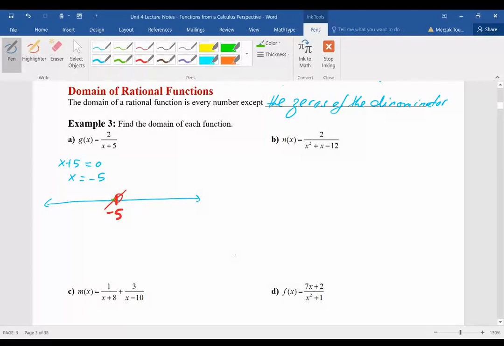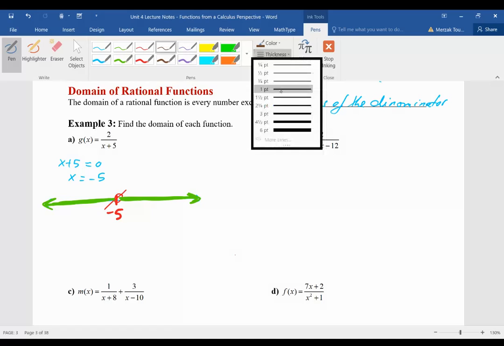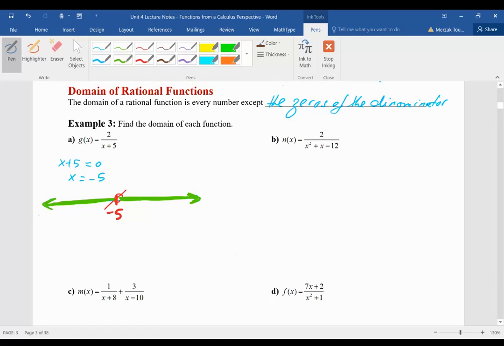So every value to the left of -5 and every value to the right of -5 is included in the domain. So how do I write this domain in interval notation? The line to the left goes to -infinity, on the right goes to +infinity.